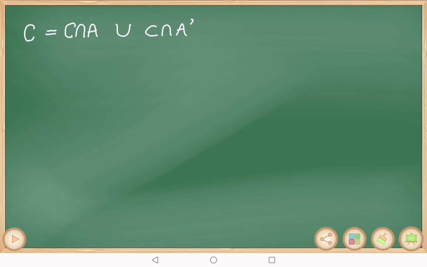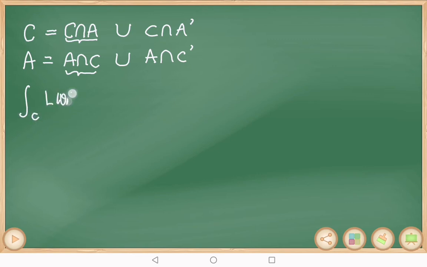And A can be written as A intersect C union A intersect C complement. Note that the order of intersection is irrelevant here, so C intersect A is the same as A intersect C. Because of this, the integral can be broken up into two parts, plus C intersect A complement.